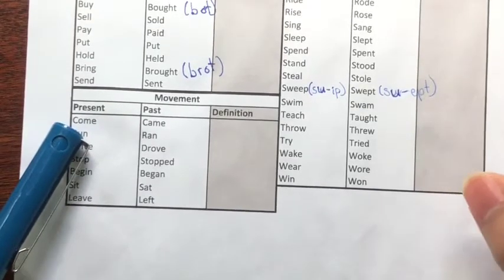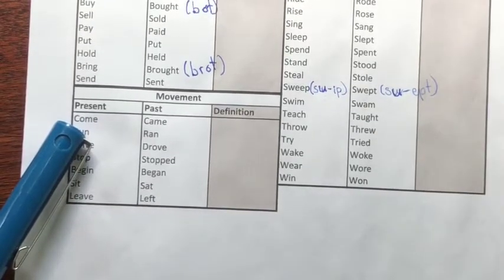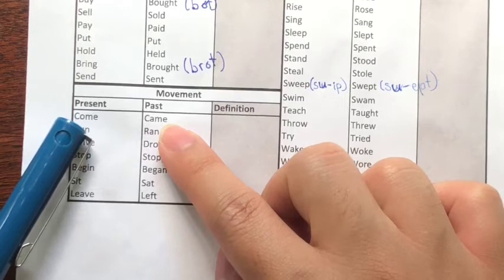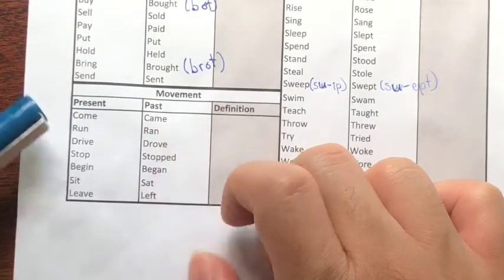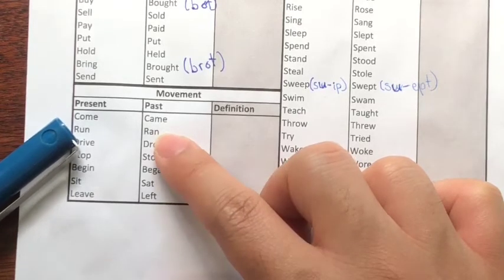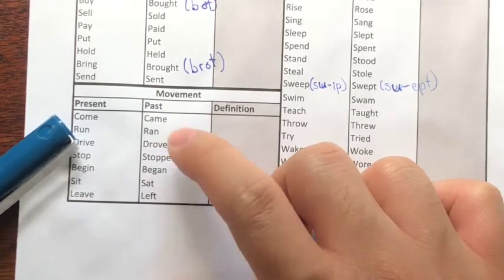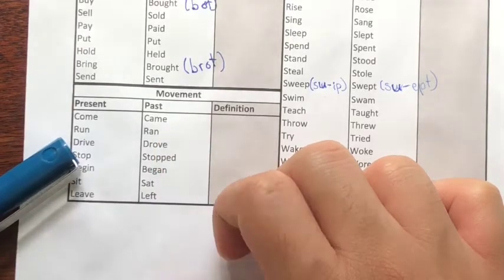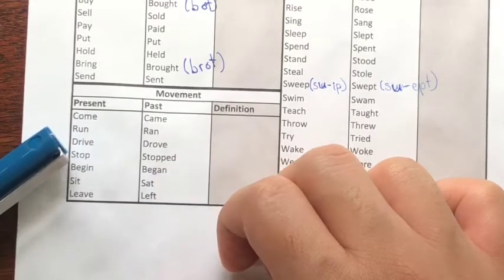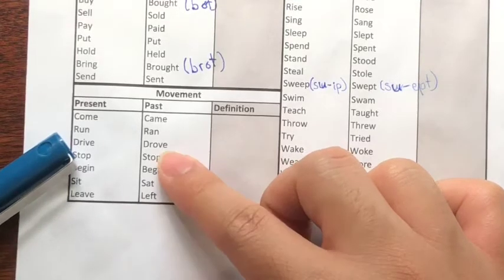First, we have the verb come. In the past tense, we say came. Come, came. We have run, ran. Drive, drove.